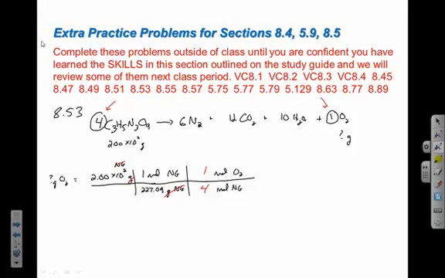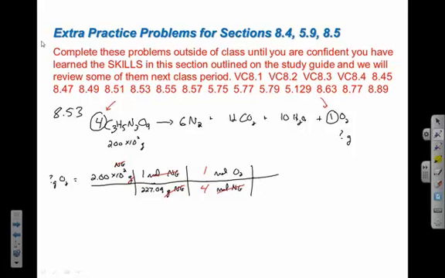So I could say 4 molecules of nitroglycerin will produce 1 molecule of oxygen, or I could say 4 moles of nitroglycerin will produce 1 mole of oxygen. I can't say 4 grams of nitroglycerin will produce 4 grams of oxygen because the balanced reaction is a numerical ratio. It's not a mass ratio or a volume ratio. It's a numerical ratio. It tells me the relationship between numbers of things.